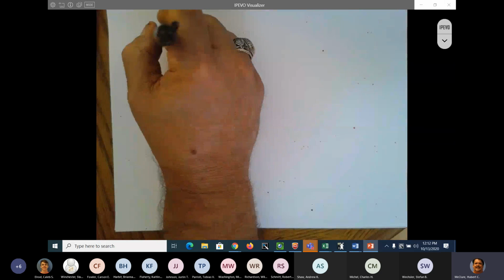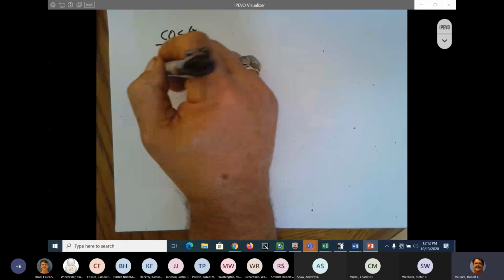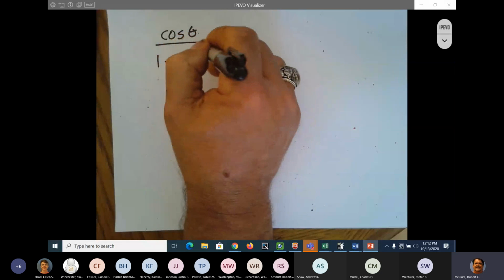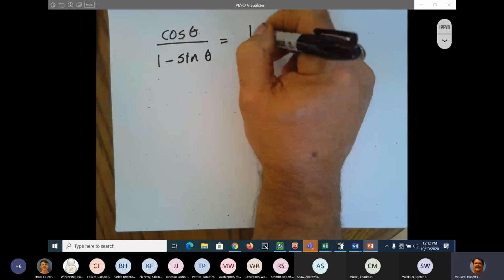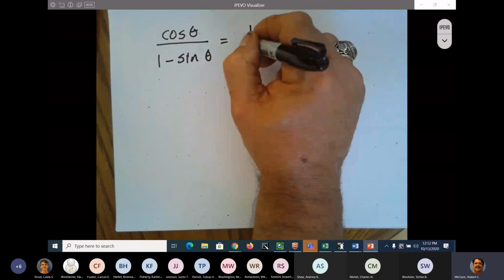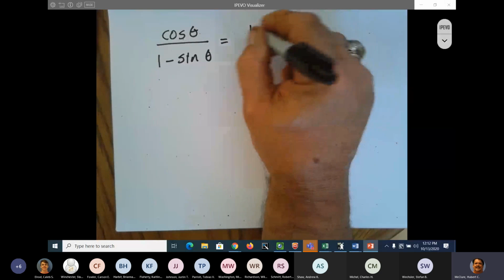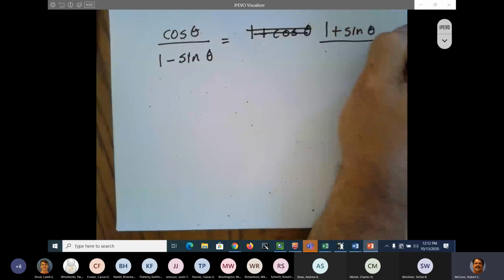Well, this one, you can use either one. Cosine of theta over 1 minus sine of theta is equal to 1 plus cosine of theta over 1 plus sine of theta over cosine of theta.